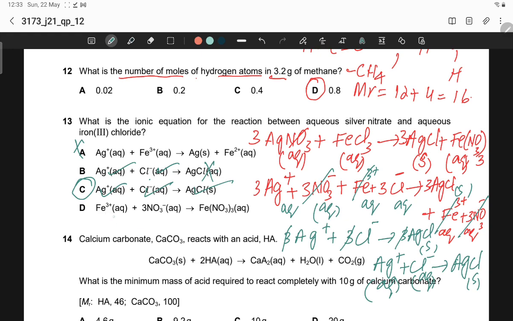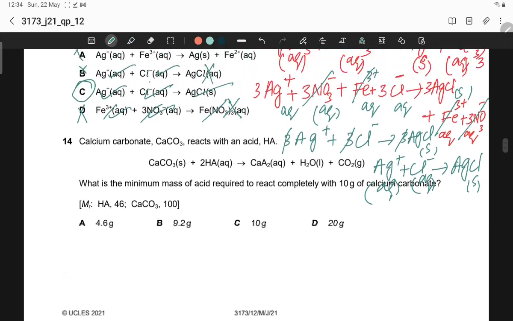Fe3+ is aqueous and the nitrate is aqueous, Fe(NO3)3, but this is not correct because it is not an ionic equation. All are cancelled out, so this is also incorrect. The correct ionic equation is C. The best option is C.